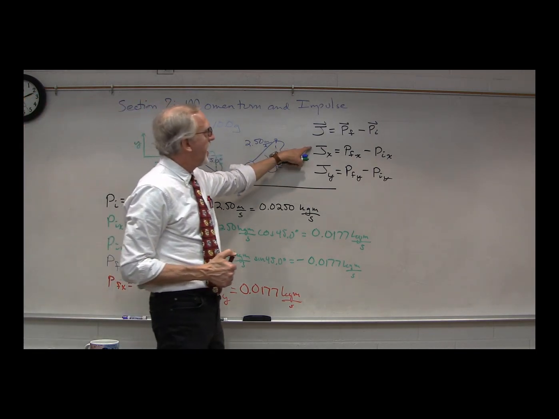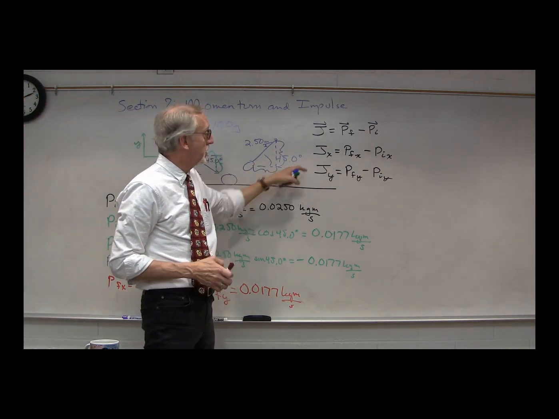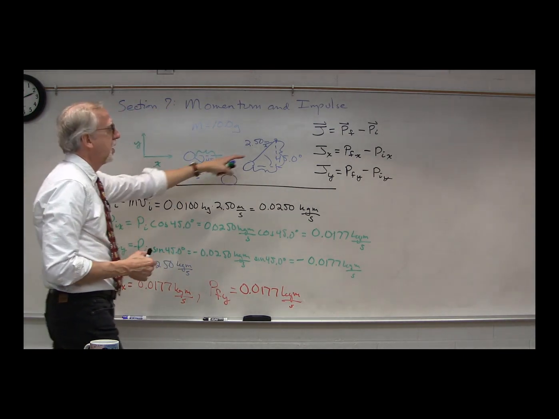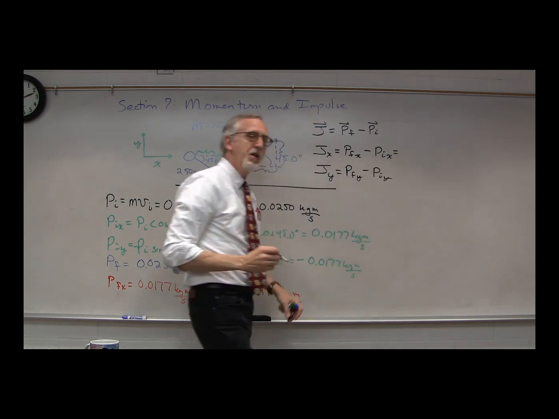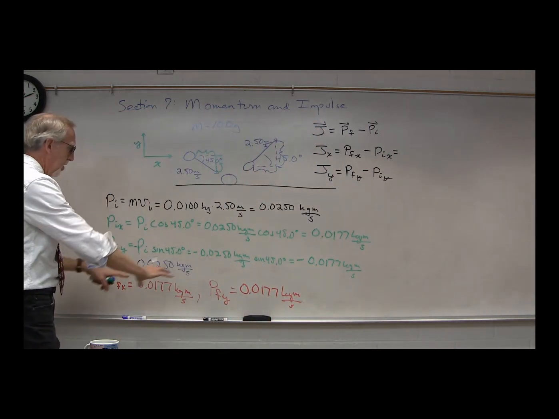So what are the values of our impulse? Well, what do we get for Jx? Jx is P final x minus P initial x. Well, we've got all these terms here.